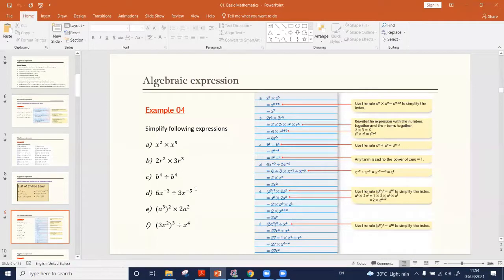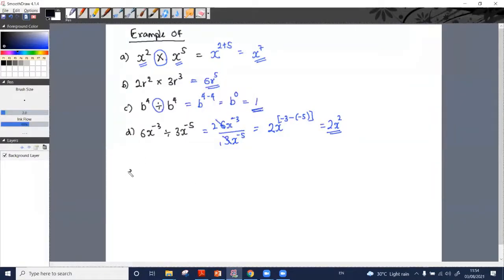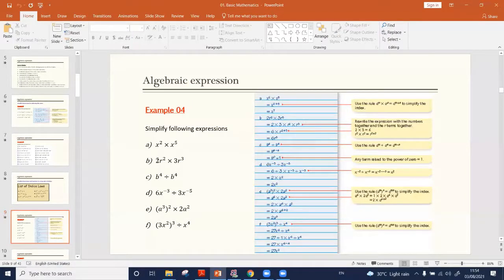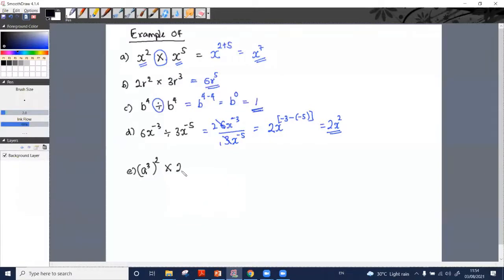Part E. a to the power 3, to the power 2, into 2a squared. Here, part E. How can we generate the answer? How can we further simplify this?